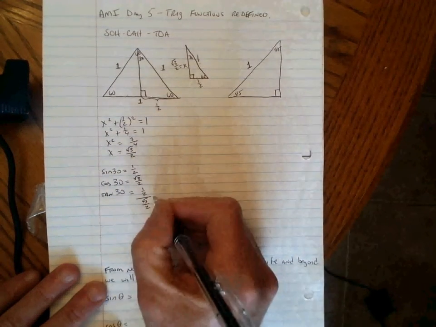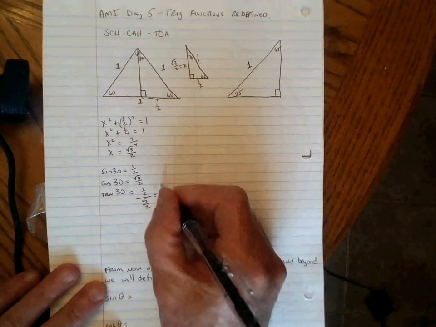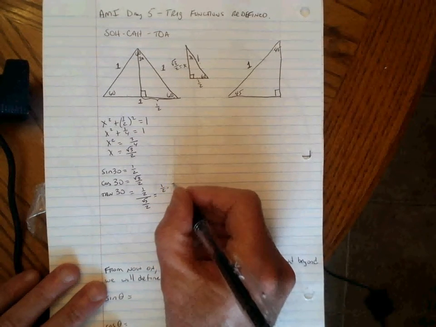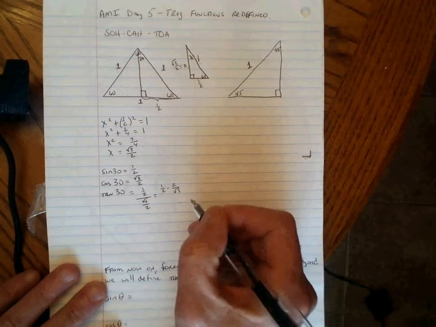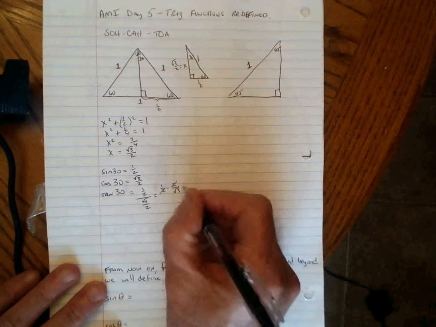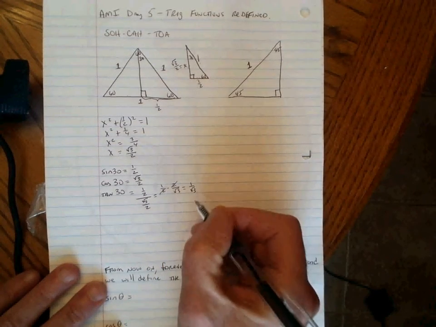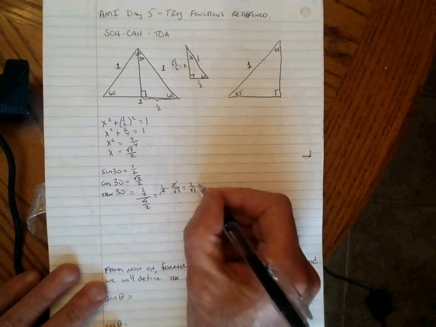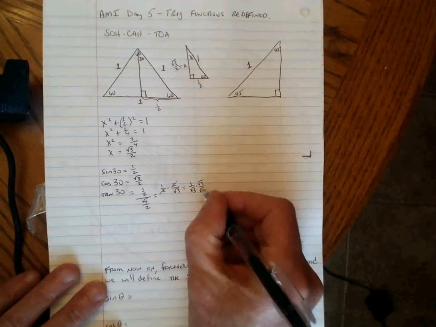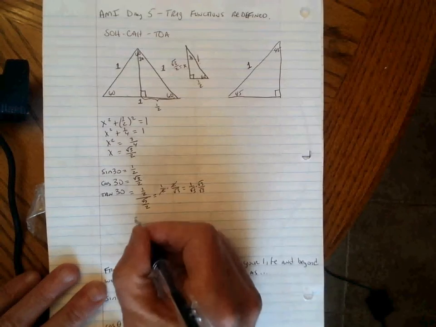And we know we multiply by the reciprocal when we divide fractions to get 1/2 times 2 over the square root of 3. The 2's cancel, leaving us 1 over the square root of 3. And I'm going to rationalize that denominator by multiplying square root of 3 on top and bottom. And that makes the tangent of 30 the square root of 3 over 3.